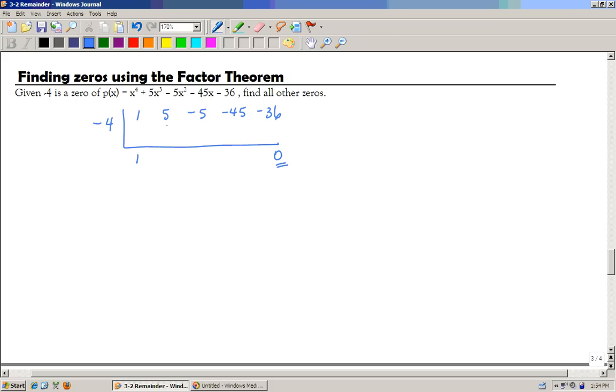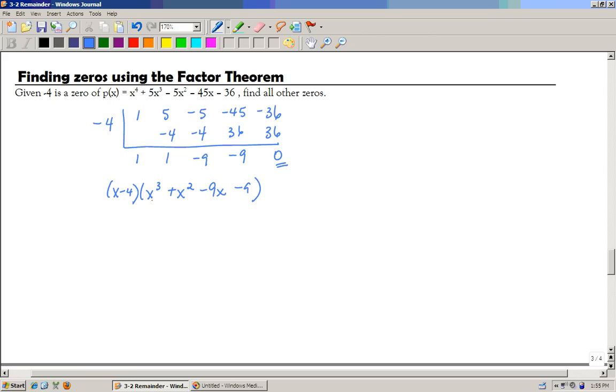So you drop the first term, multiply, add, multiply, add, multiply, add, multiply, and yes, it is a 0 of the function. That means x plus 4 is one of the factors. The rest of this here is another factor, which if you put your variables back in is x cubed plus x squared minus 9x minus 9.